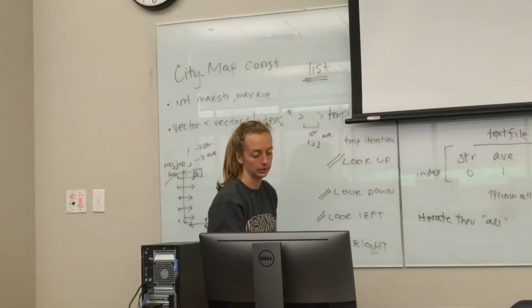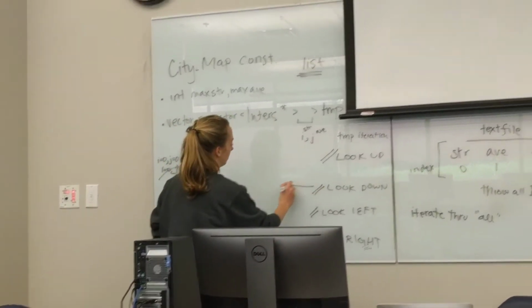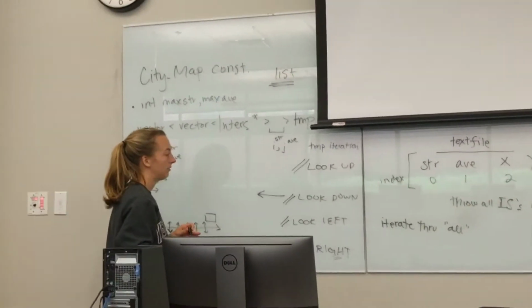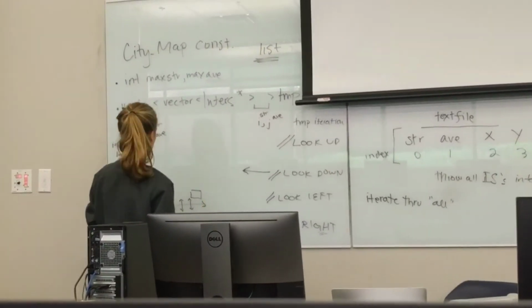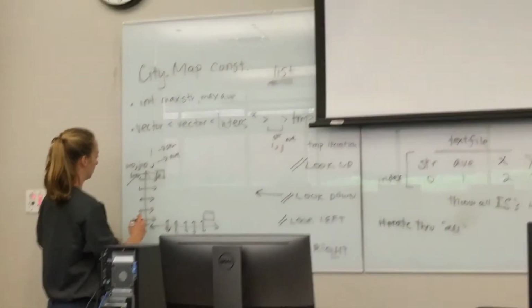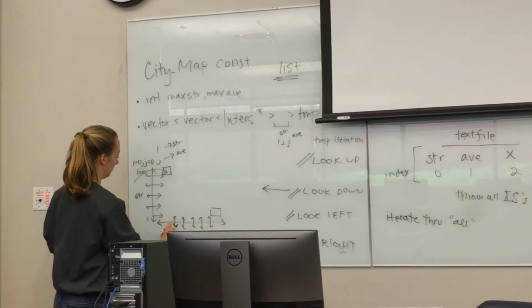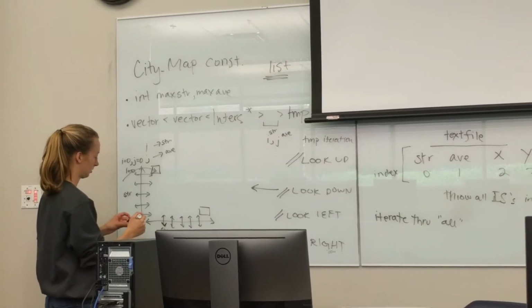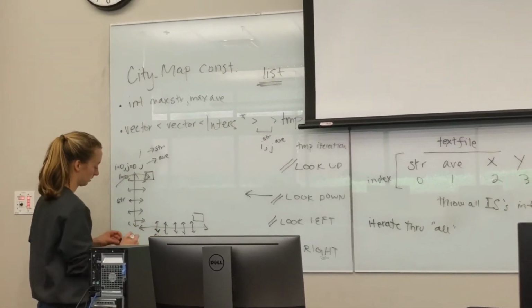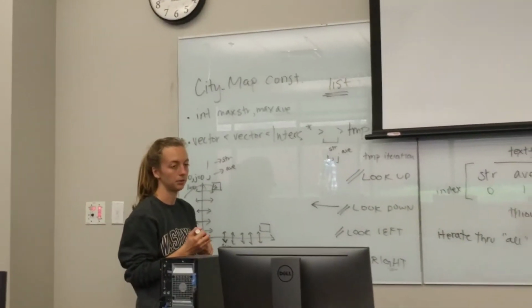So let's do an example for look down. Look down, we need to check if it's out of bounds. So looking down would be, let's see, these are my streets and these are my avenues. So how would I check to see if I'm out of bounds or going to be out of bounds if I look down?